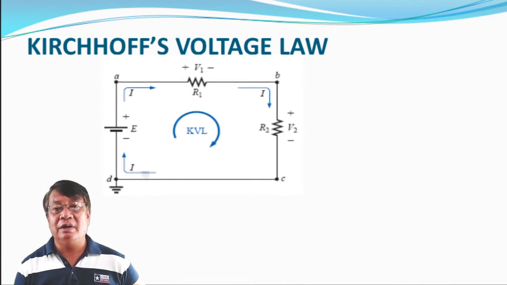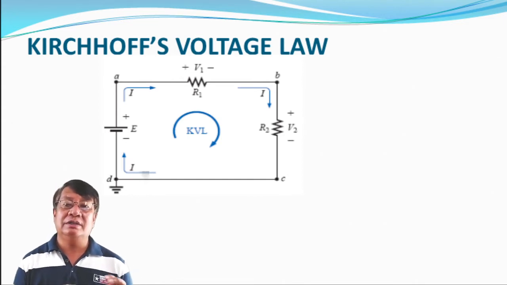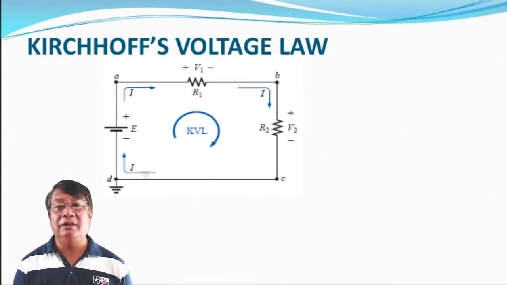Let us start with this circuit here. As you can see, let us assume the direction of the current is from negative to positive in a given voltage source. Therefore, we have a clockwise direction.